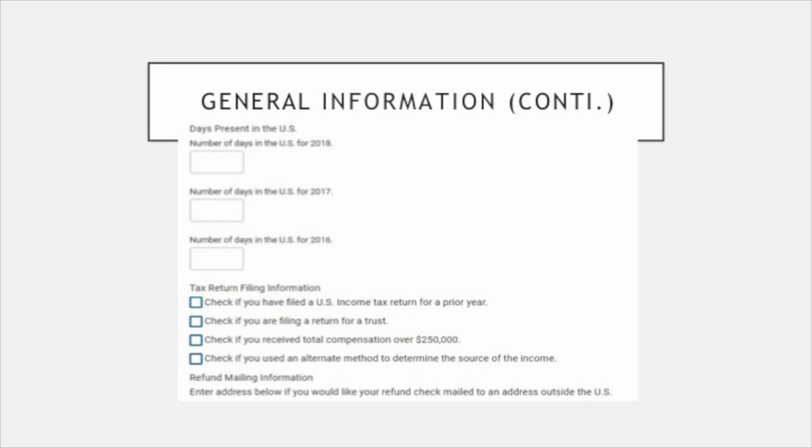The next one, were you subject to tax in a foreign country and U.S. exempt income? Do not check that box. In other words, the answer is no. And also, have you used an alternate method to determine your source of income? Again, don't check that box. Basically, the answer is no.